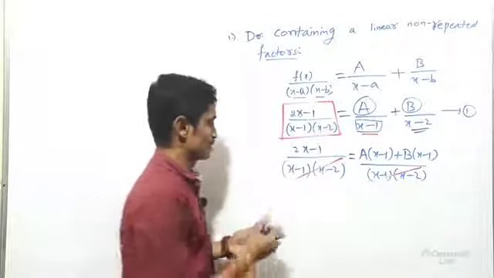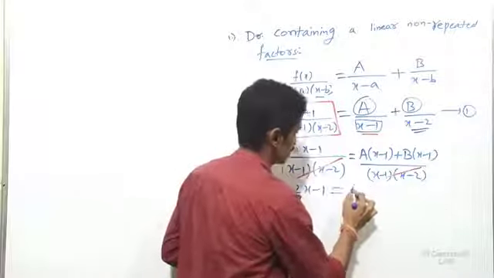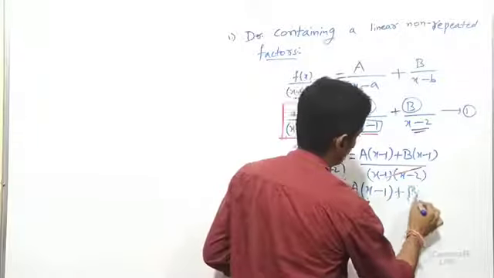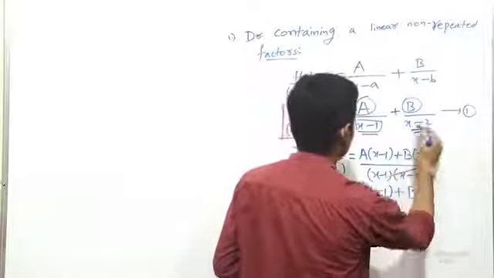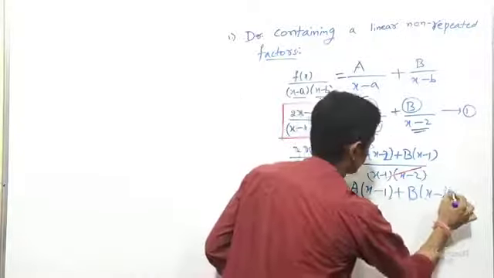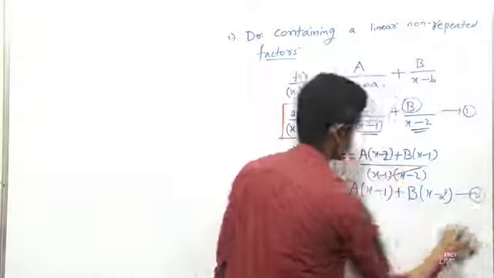Just what is left out, you write: 2x minus 1 is equal to a into x minus 2 plus b into x minus 1. Now calling it equation number 2.